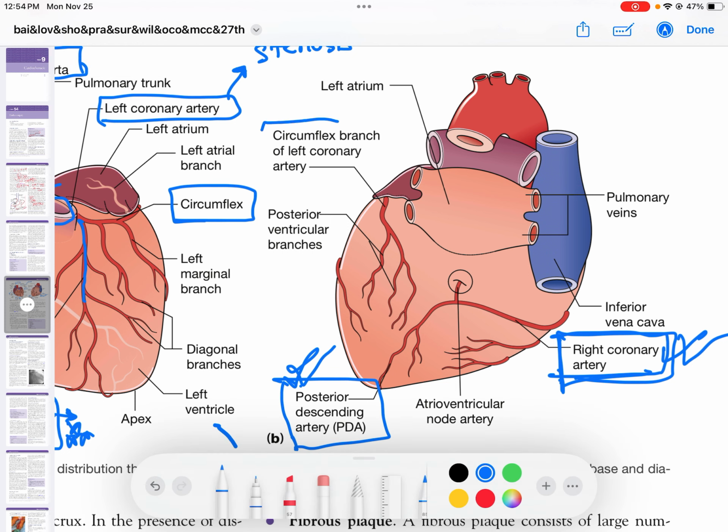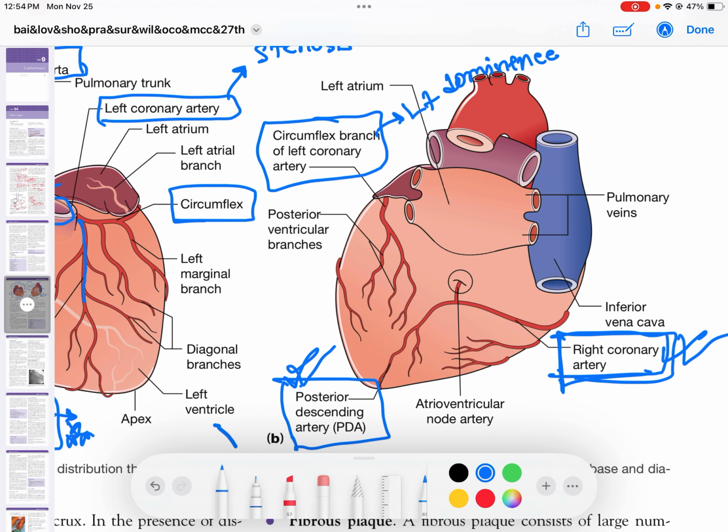This is the circumflex branch of the left coronary artery. A pattern referred to as left dominance occurs in approximately 10% of cases.